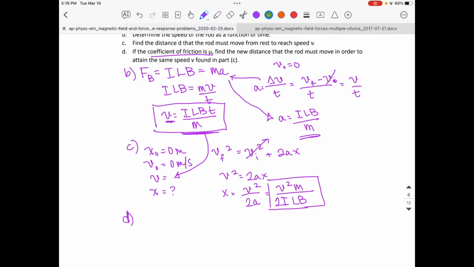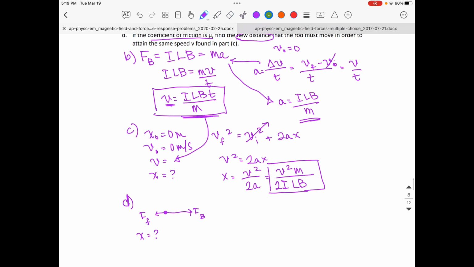Okay, so for part D, we've got a frictional force that is opposing the magnetic force pulling it to the right. So what we want to solve for is the new distance, so we're solving for x, that the rod must move in order to attain the same speed found in C. So we want the V final to be whatever V final we got here.